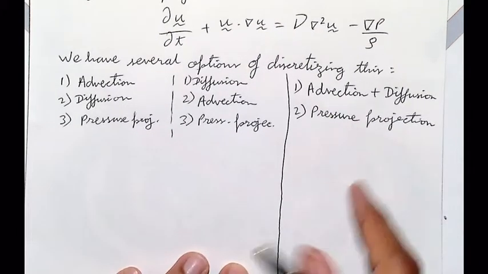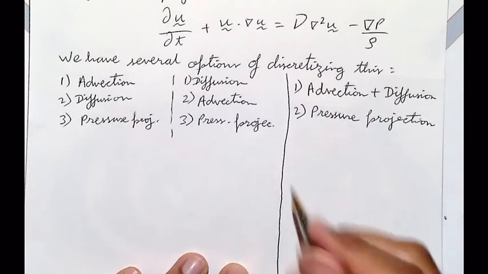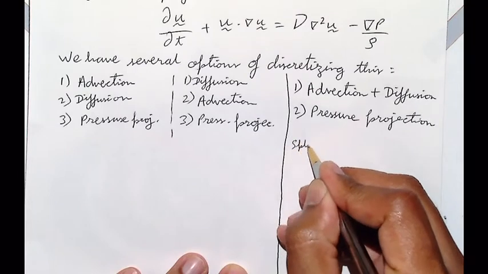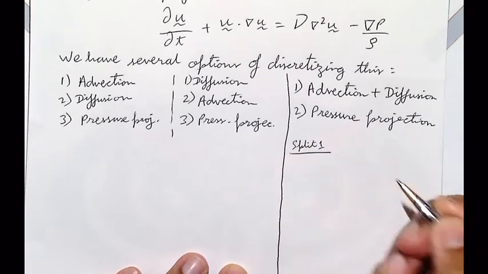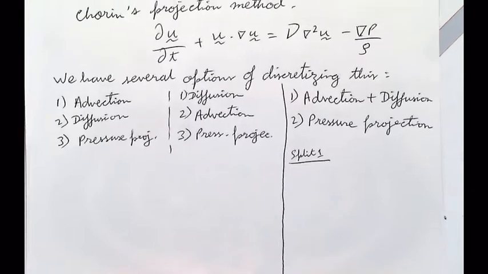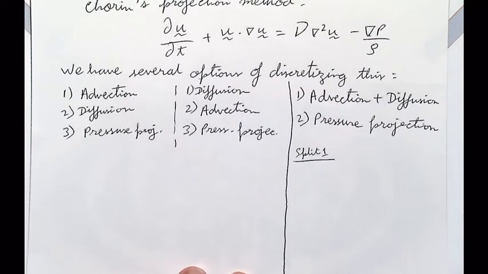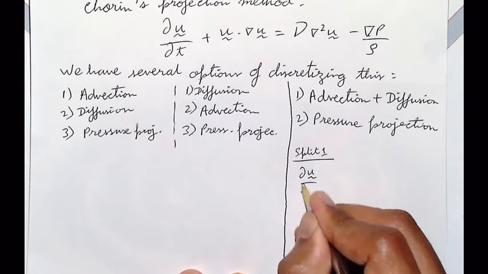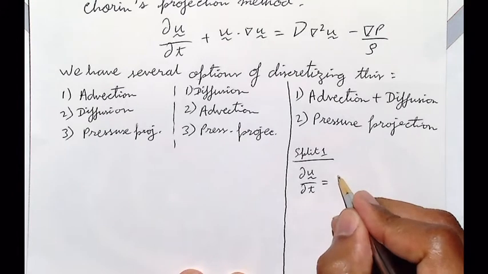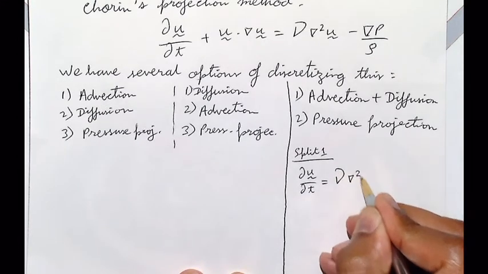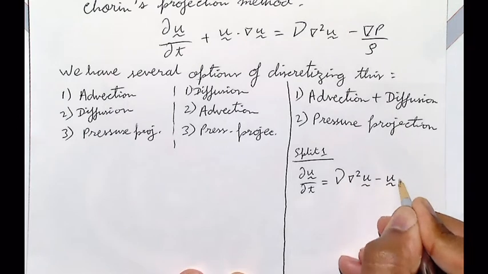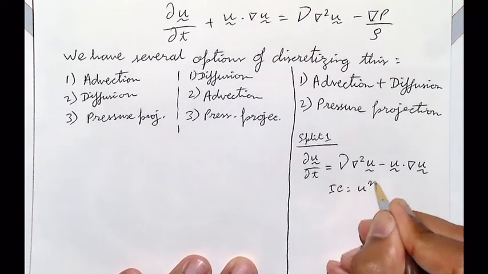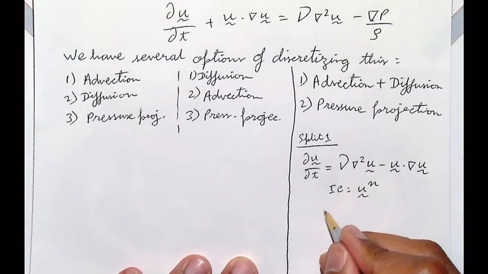Okay, so let's do the splitting. Help me out. What should I write for the first split? Du/dt equals nu nabla squared u minus u dot nabla u. Initial condition? u n. Step size?